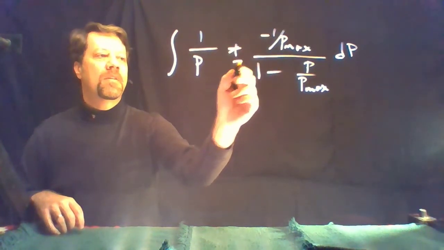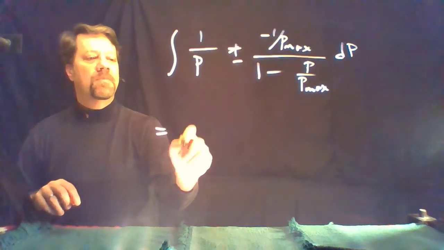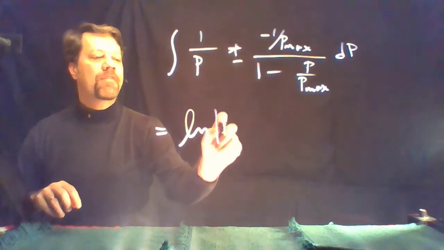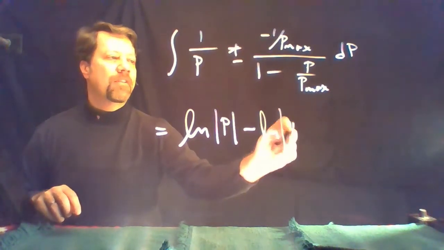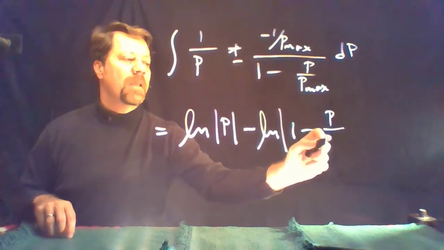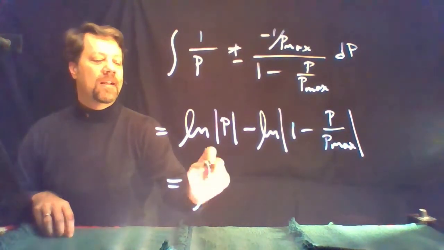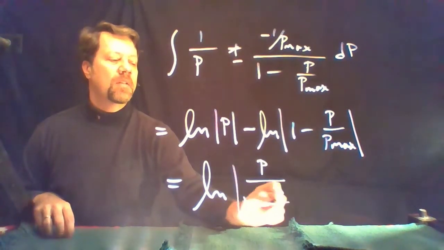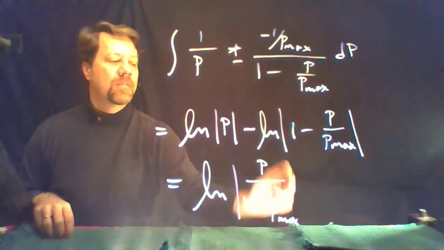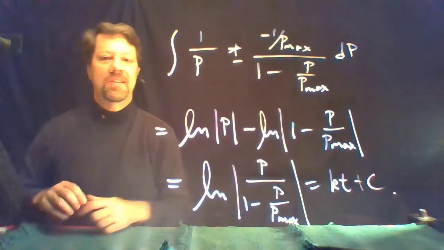We'll make this into a minus sign here. The integral on the left becomes the natural log of the absolute value of P minus the natural log of the absolute value of 1 minus P over P max, which we can rewrite as log absolute value of P over 1 minus P over P max, which we already know to be equal to kt plus C.